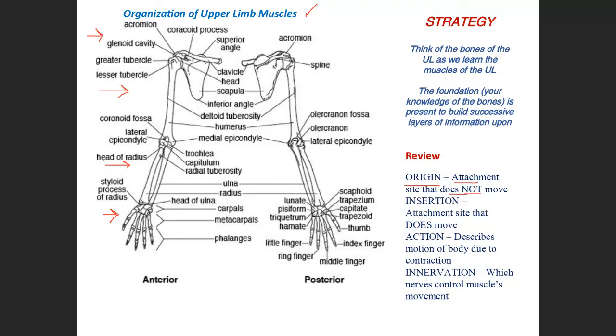The insertion is the attachment site of that muscle via a tendon that moves. We talk about the action. That is what motion occurs when that muscle contracts. And the innervation is which nerves control that muscle movement.